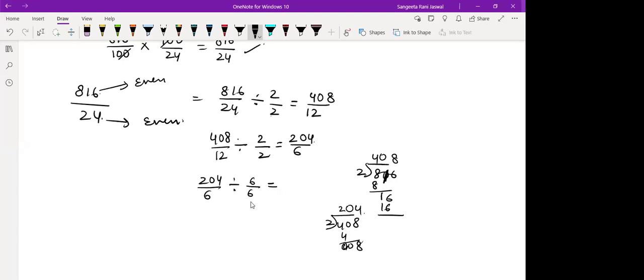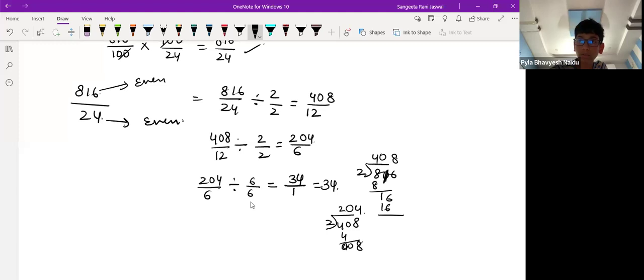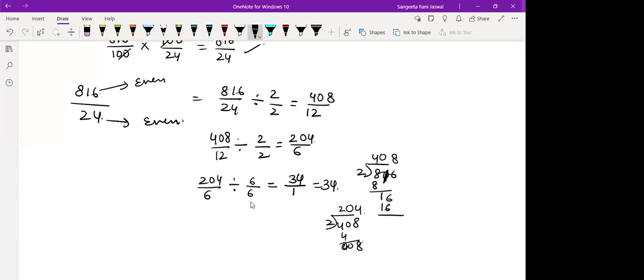That's the divisibility rule of 6. 6 ones will give me 6, 6 3s is 18, 2 left, 6 4s is 24. So the answer is 34. Got it now? Ma'am, my answer is 34 only, ma'am. Good, beta. Understood, children? Yes, ma'am.